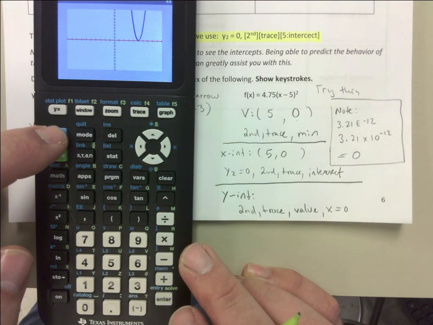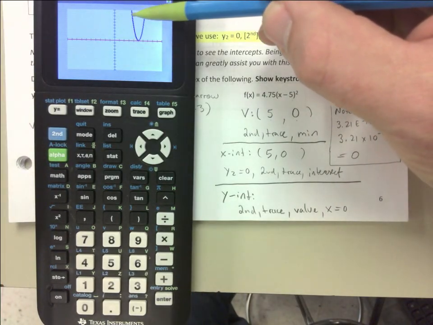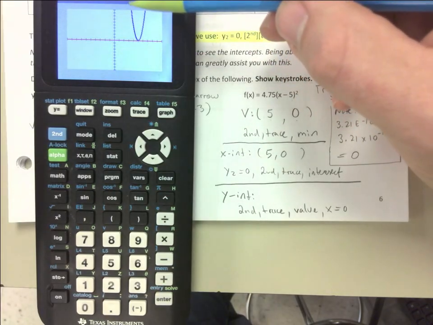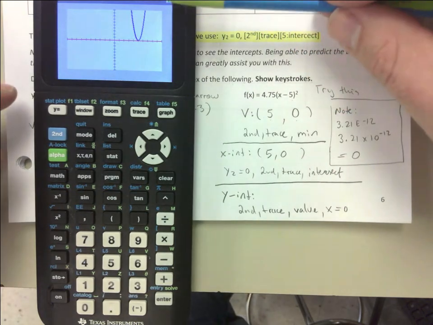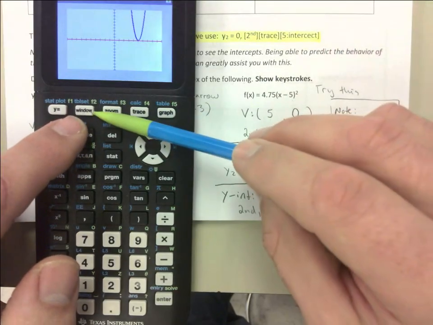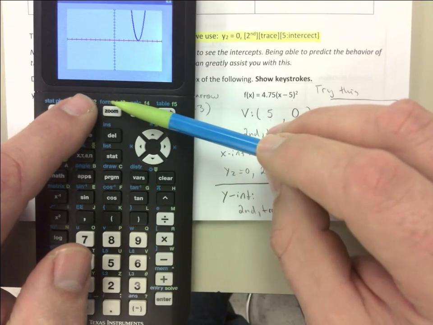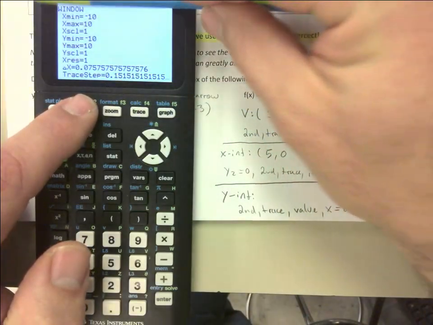Then go second. Can we see our y-intercept, guys, on the graph? We cannot. This is where you need to learn another skill. Do you see the window button here? Yeah? Press it, please. We need to increase our top here.